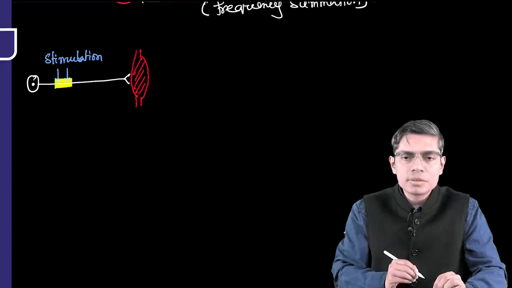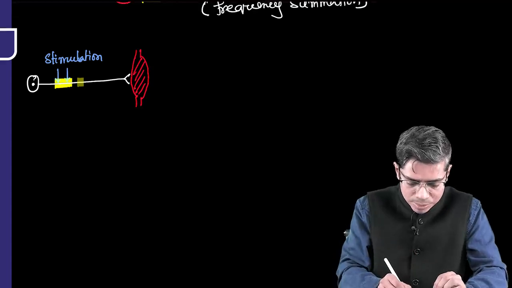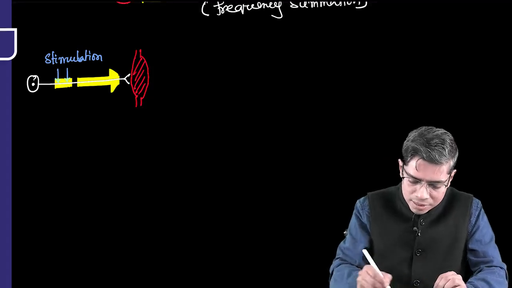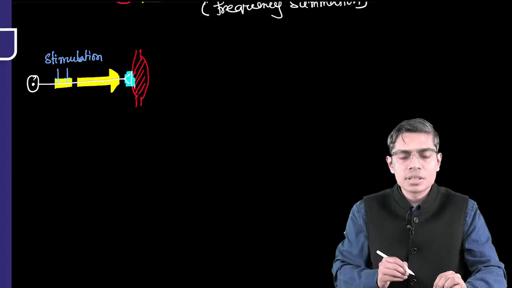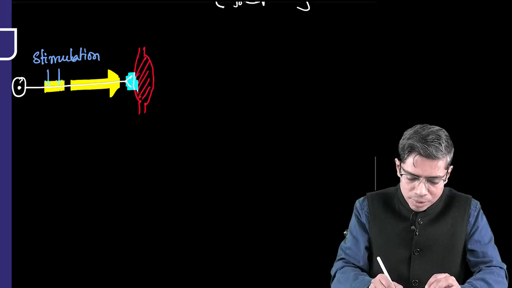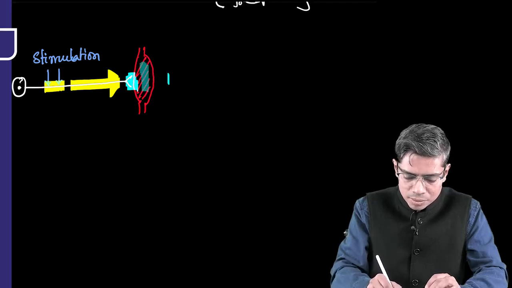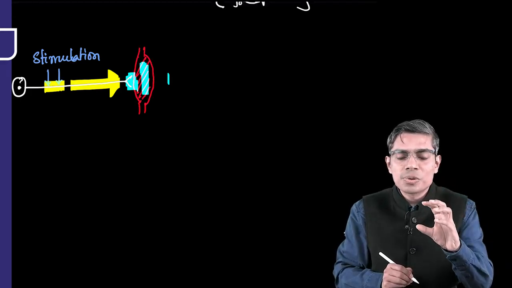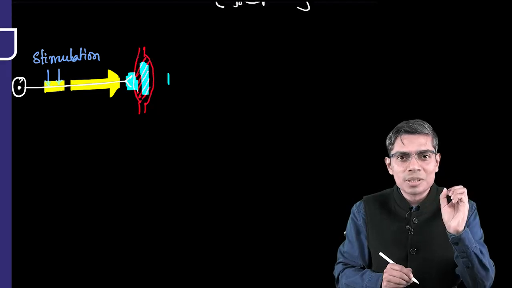First, the action potential will be generated here. Then that action potential will travel down through this nerve. Then it will cross this neuromuscular junction. After crossing the neuromuscular junction, it is going to stimulate the sarcoplasmic reticulum calcium release, and then calcium will bind with troponin C, and then the sarcomere will contract.